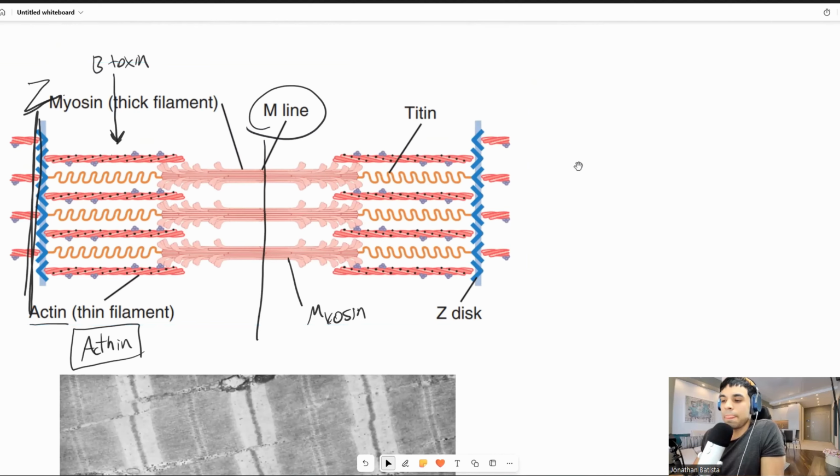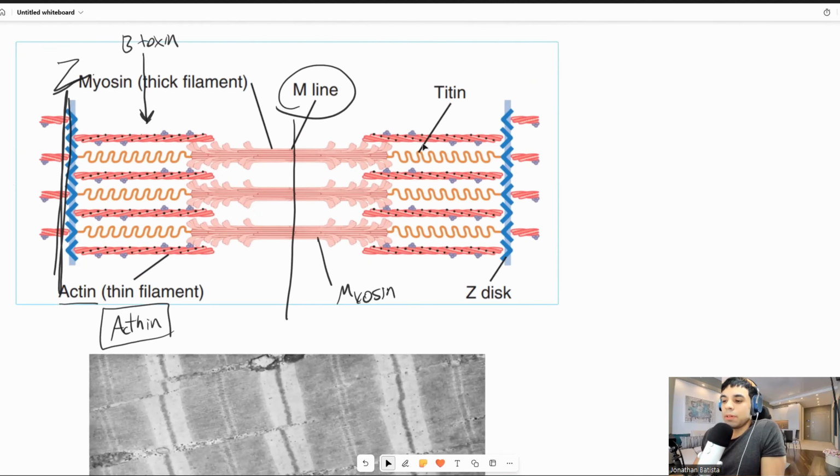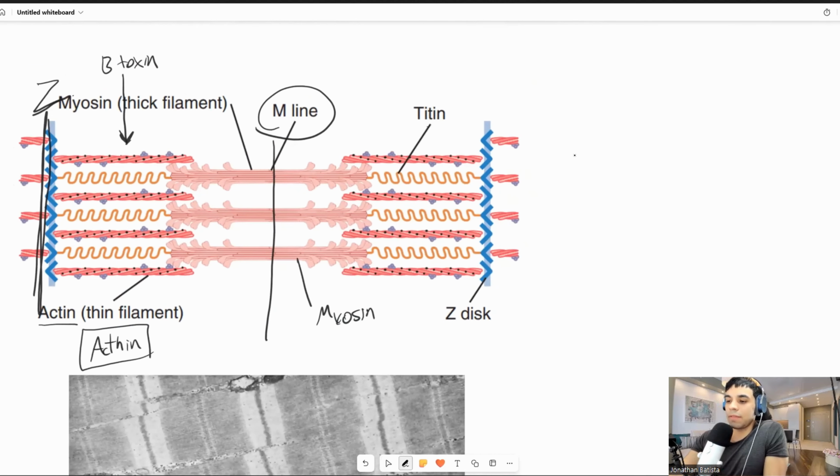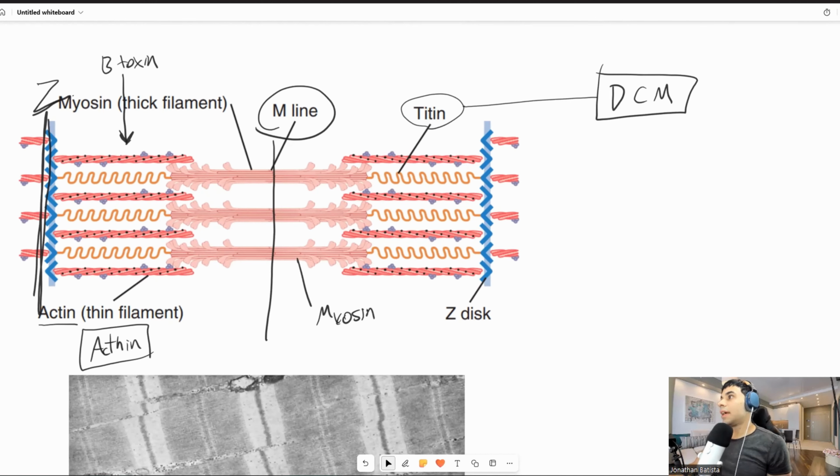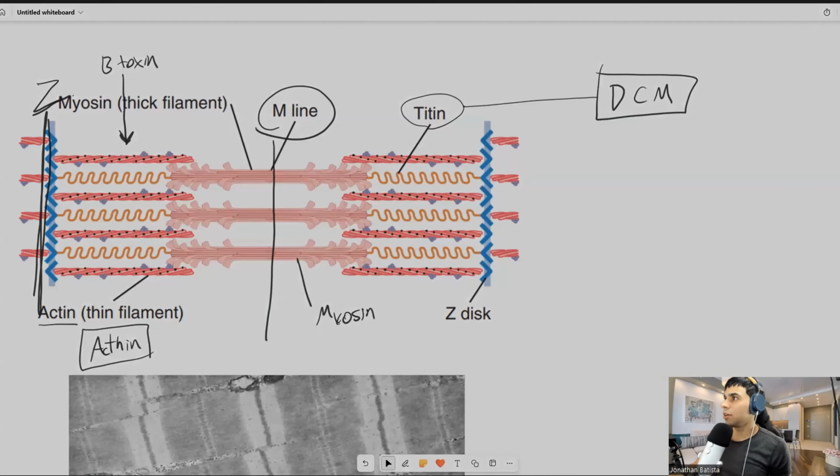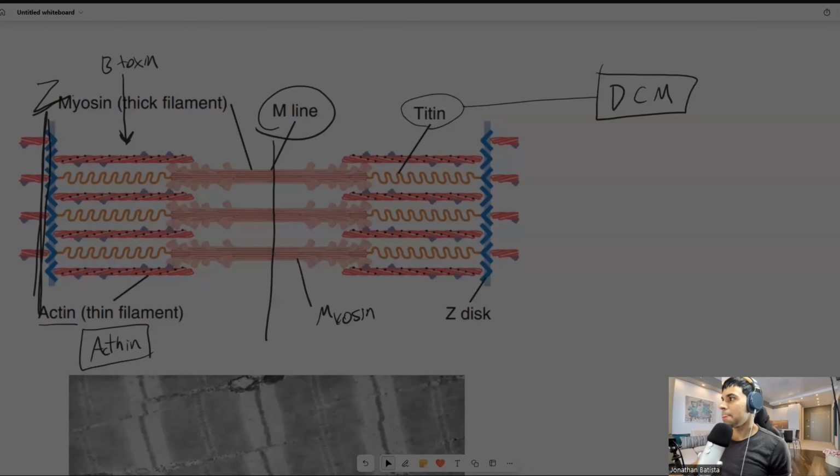There's a genetic congenital disorder where patients have issues with titin, causing dilated cardiomyopathy. It's because of a gene called TTN. The good thing is that all this information that we're talking about is found in First Aid.